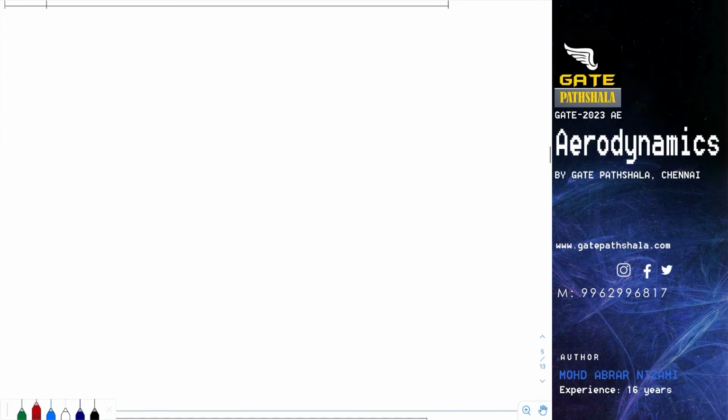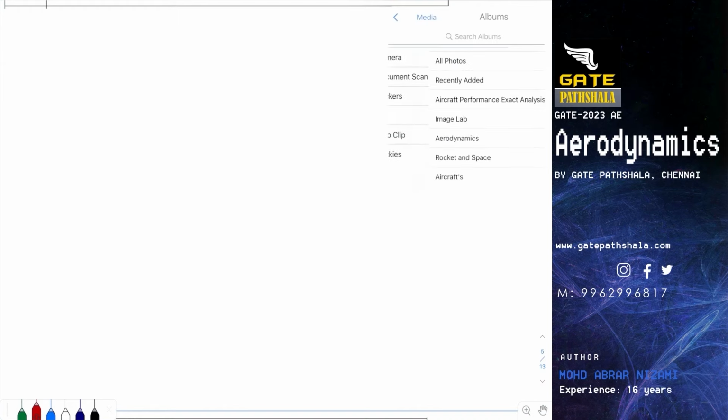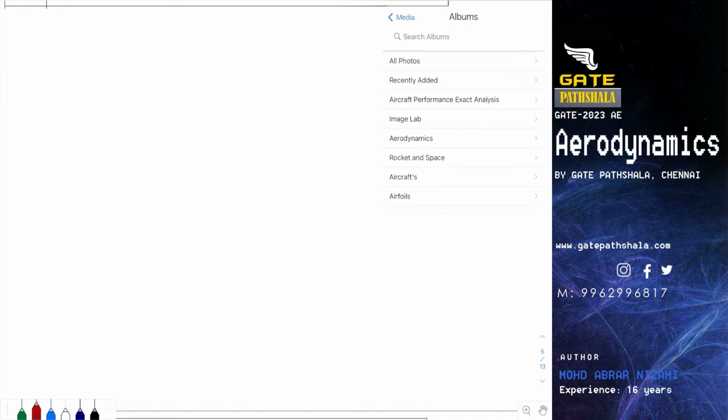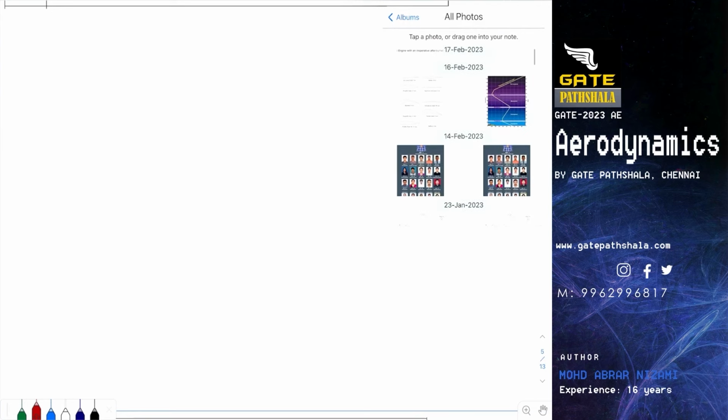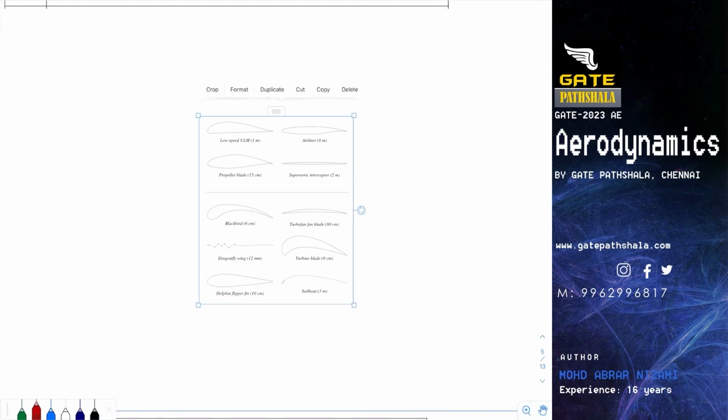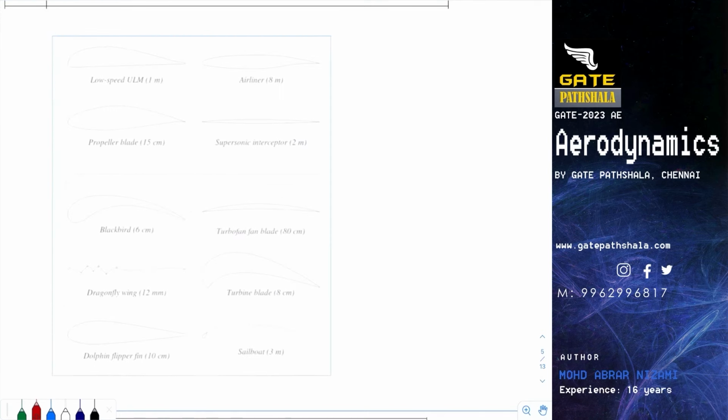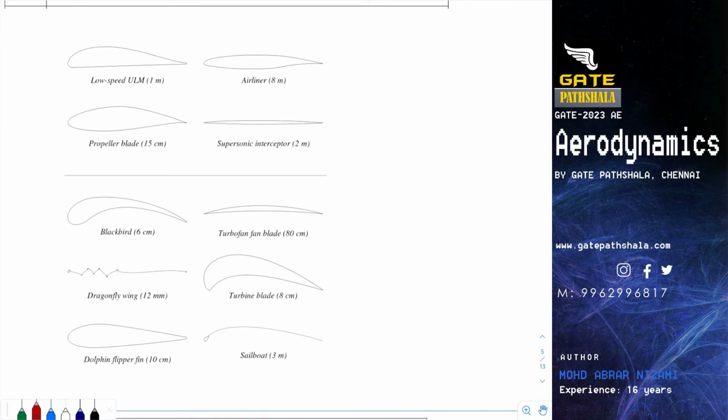In fact, for other varieties of aircraft also, you can learn from the figure that I have for you guys. Which shape of the aerofoil will be used where, this particular thing will help you. So you have low speed aerofoil, then you have the airliners. Okay, this is our interest now.